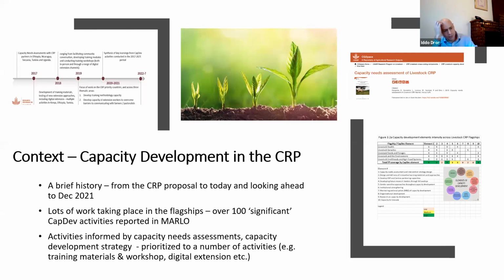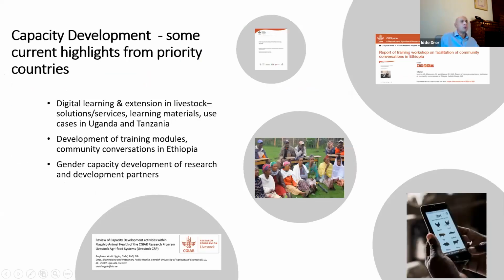But we thought it would be also useful at this stage to give you some examples of current capacity development, some of the highlights of what we're doing in the priority countries. And so I would like to invite first Edwin and then Mamusha to share a little bit in terms of the work that they're doing in countries.